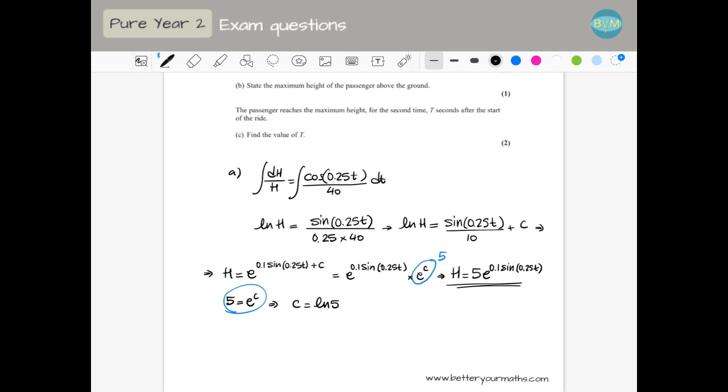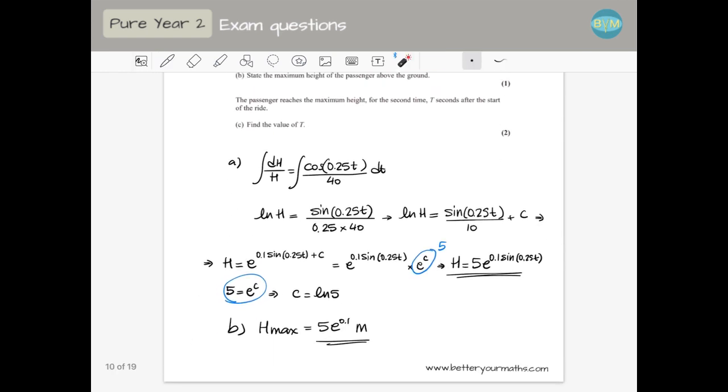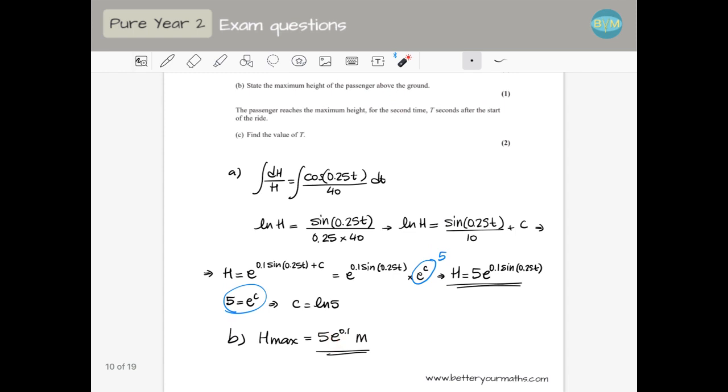The maximum height is going to be 5 e to the power of 0.1 meters, and I don't necessarily have to round to anything. I can evaluate this with a calculator or not. If you do this with a calculator, you get 5.53 meters to 3 significant figures. But if you just answer with this, it's okay.